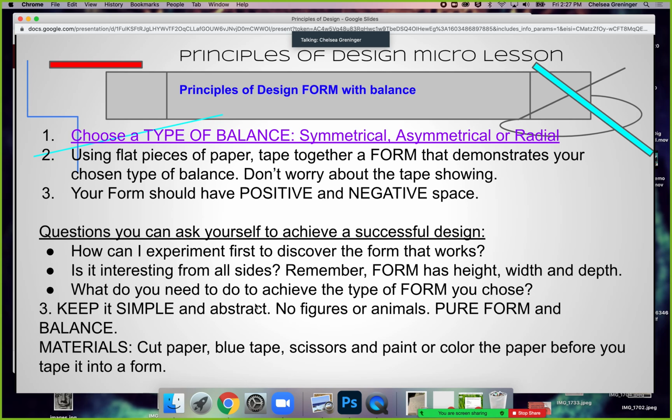Play around with it until you come up with a form that you think demonstrates either symmetrical balance, asymmetrical balance, or radial balance. Okay, and it has to be a form. It can't be sitting flat on the table to be a shape. You have to make it a sculpture. Okay?